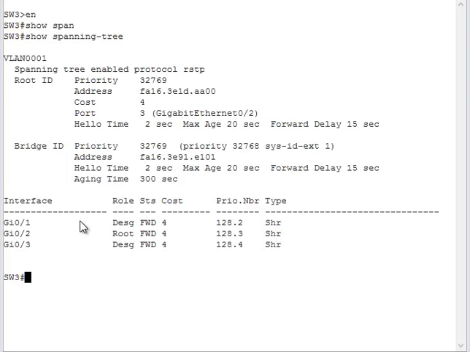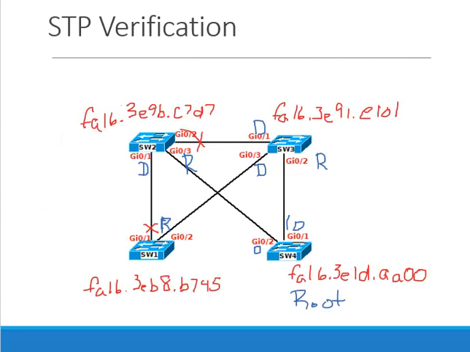We look at switch 3, the designated port, as we said it was in our drawing, is port 1. The root is 2, and it is correctly, and 3 was designated. So it looks like we went through the process and the actual switches did what we predicted they would do. So I hope this helped you understand the spanning tree election process a little bit better.